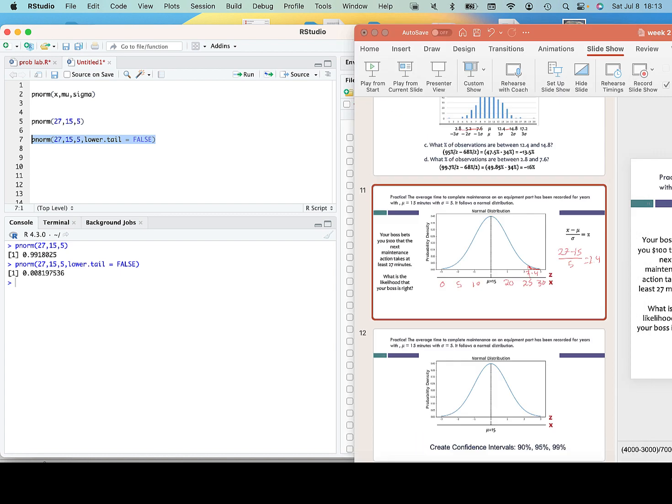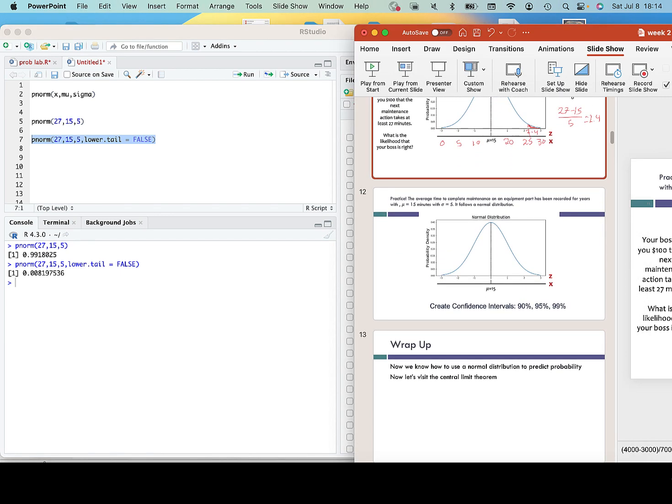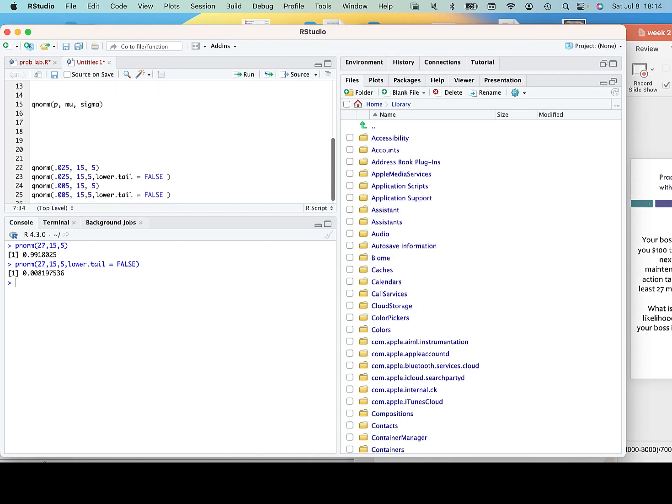The next question we're going to have is to create confidence intervals for 90%, 95%, and 99%. To do that over here in R, we're going to want to use the formula Q normal.